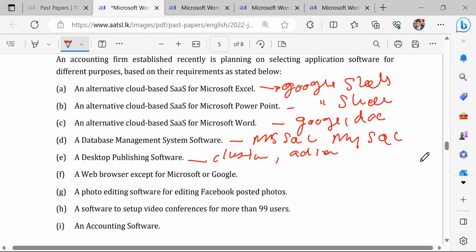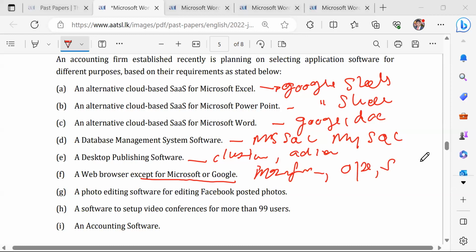A web browser except Microsoft or Google, then you can't say Google Chrome. It is asking except for Microsoft or Google, right? You can't say Google Chrome, you can't say Edge, you can't say Internet Explorer. Then Firefox, Mozilla Firefox, Opera, Safari.